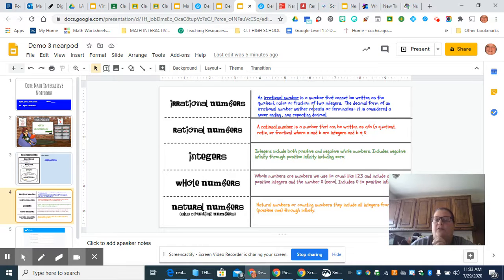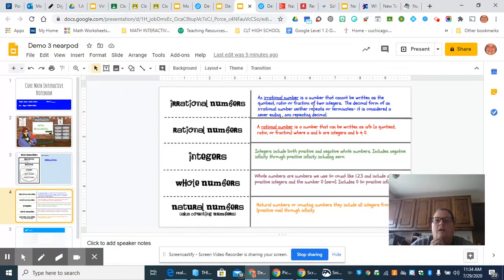Rational numbers, on the other hand, are, as you would expect, the exact opposite. It includes all numbers that can be written as a fraction, a quotient, or a ratio, where a and b are integers and b cannot be equal to 0, right? Because we're not allowed to have 0 in the denominator of a fraction. That is undefined in math.